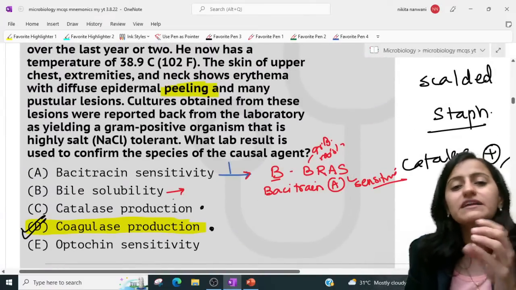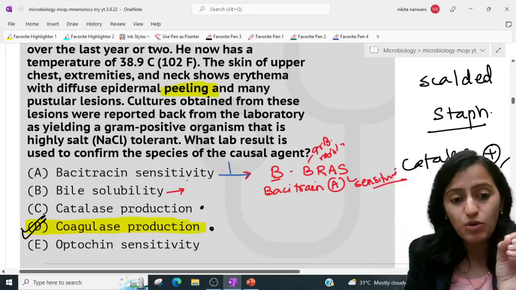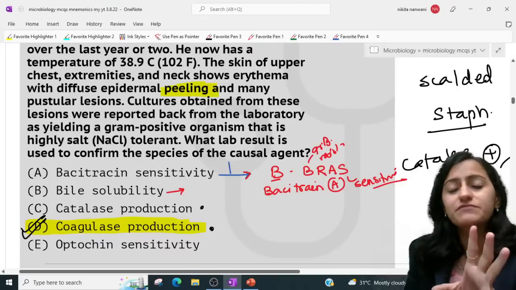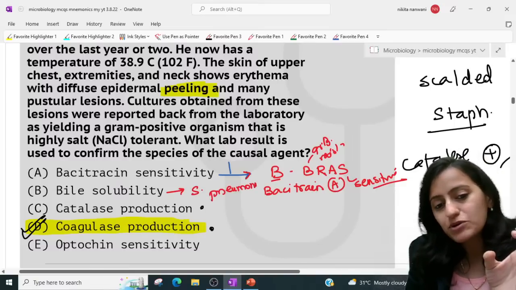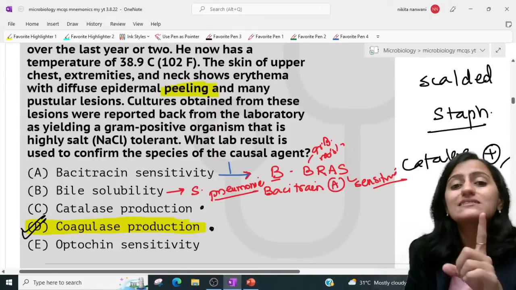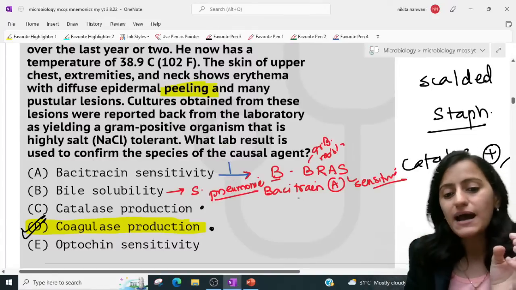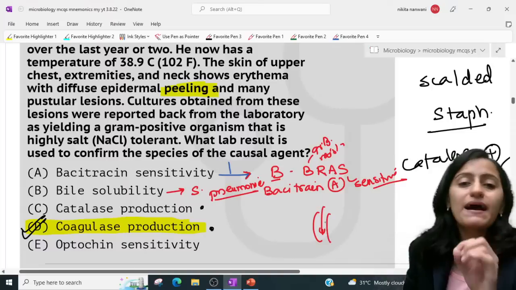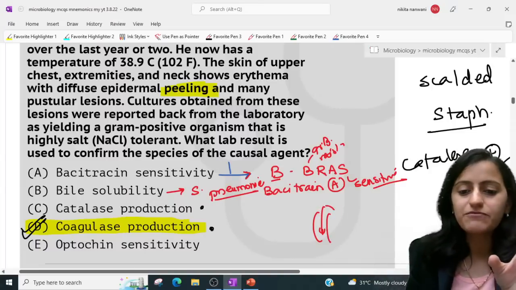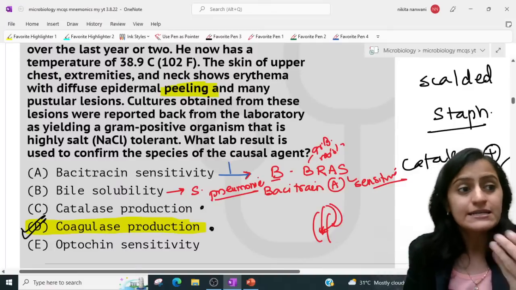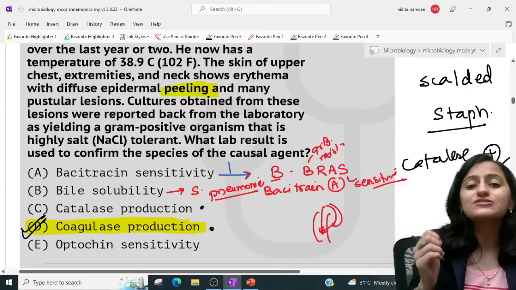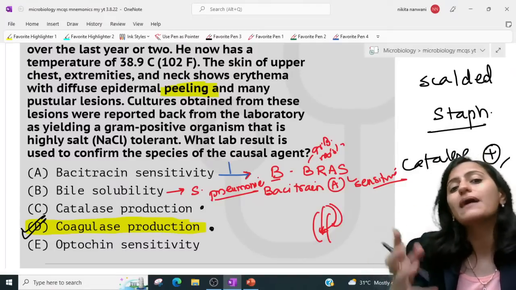Bile soluble, very, very important. This is a very important question. Bile solubility is a feature of Streptococcus pneumoniae. You can remember it this way: where is the bile present? Bile is present in the GIT. Coming from the biliary tract, it goes into the duodenum. So whatever organism is present in the GIT will be bile resistant.